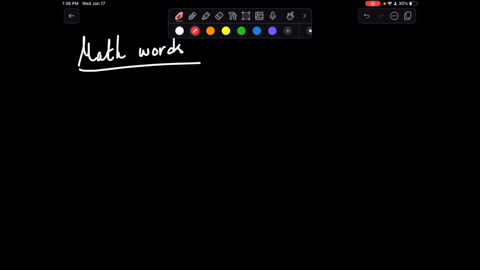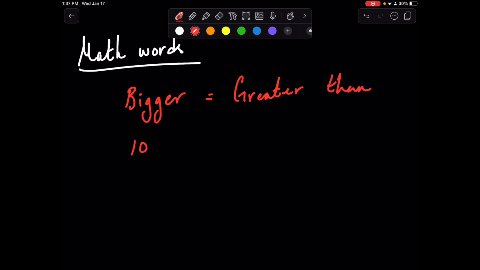And now for your favorite part, we have some math words. We have just a little bit of vocab, and really there's only 2 vocab words, so it's not going to be too terrible. The first vocab word we've been using is bigger, like 10 is bigger than 9. And instead of bigger, we're going to say greater than. So we would say 10 is greater than 9.